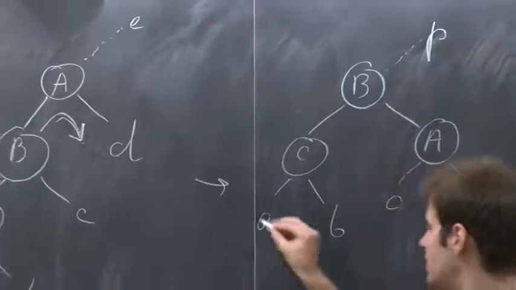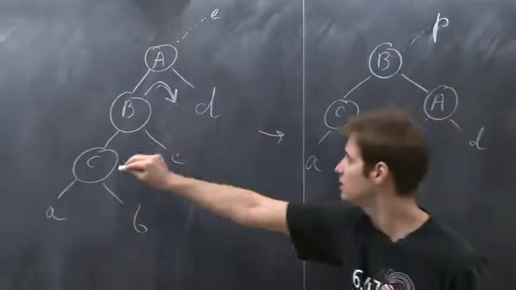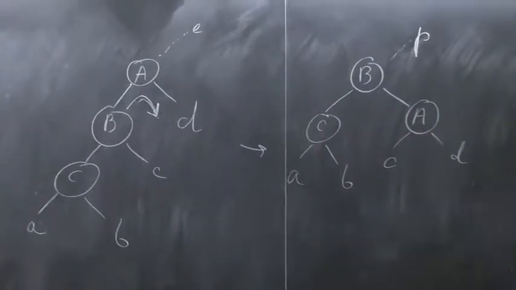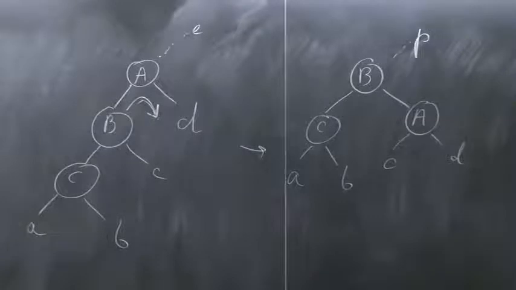These guys show up in the same order as children, and these guys show up in the same order, so search will still work. This is how it's supposed to look as a picture. Let's try to write the pseudocode for achieving this.